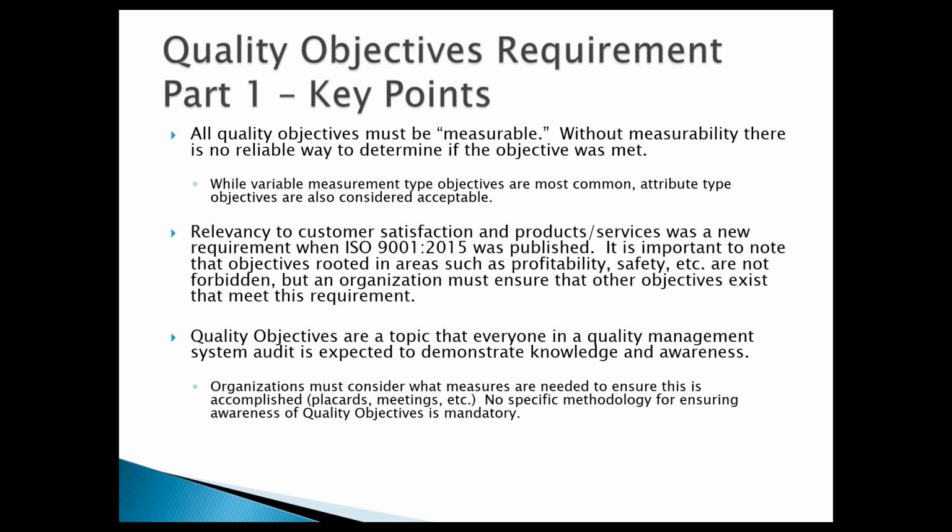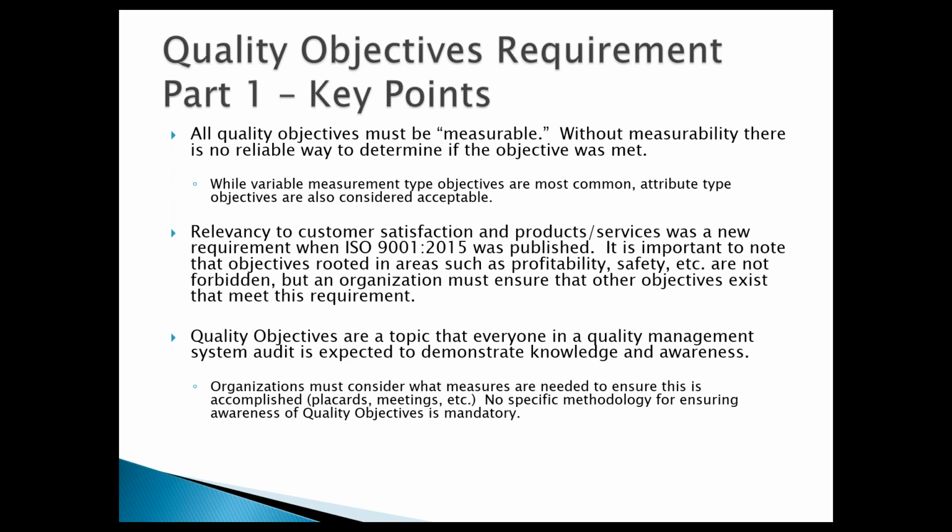Now, it's important for us to note that objectives that are rooted in things like profitability or safety are not forbidden, but if you have those types of objectives, the organization needs to ensure that you've also got other objectives that get closer to the heart of customer satisfaction and product and service conformity. So bear that in mind.